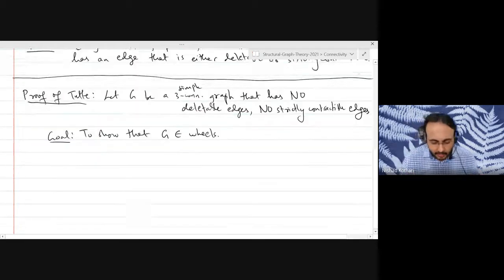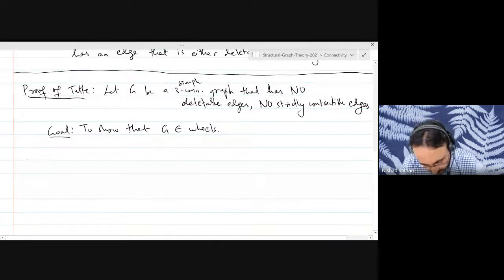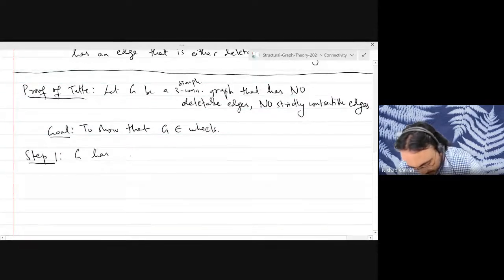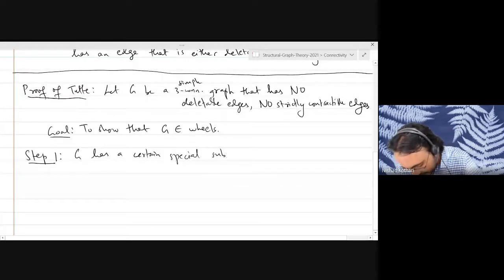All right, so what we are going to do is prove this in a few steps. I'll give the steps names. Our first step is to show that a certain structure exists in this graph: G has a special substructure.